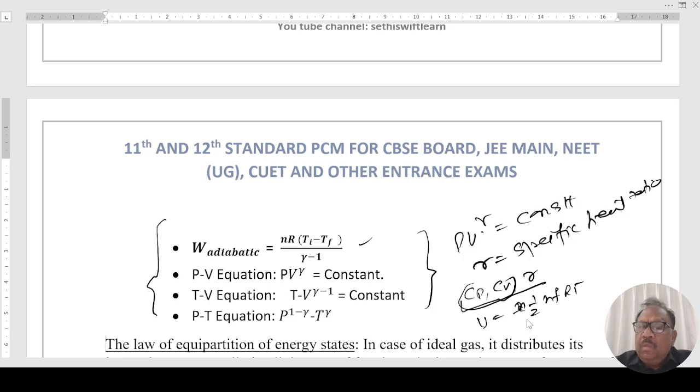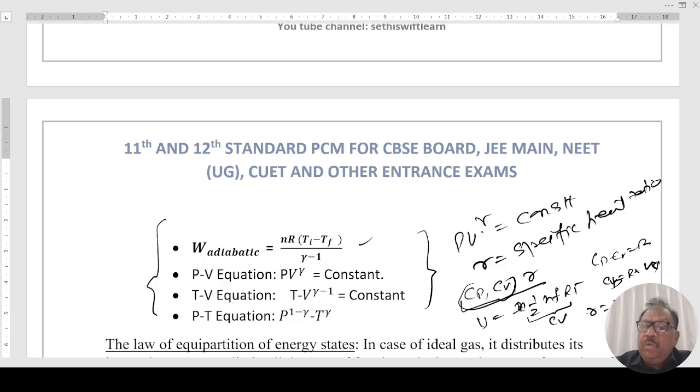The multiplier of this is Cv, and by Mayer's relation Cp minus Cv equal to R, we can find Cp.